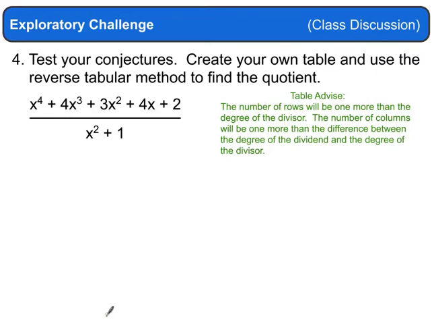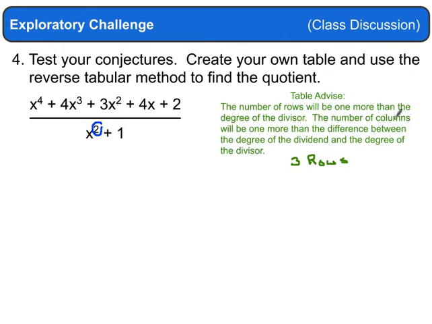So let's find that. The degree of the divisor is right here. The degree of the divisor is 2. So if that's the case, then we are going to expect to have 3 rows.